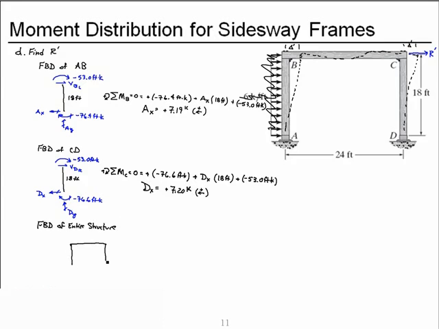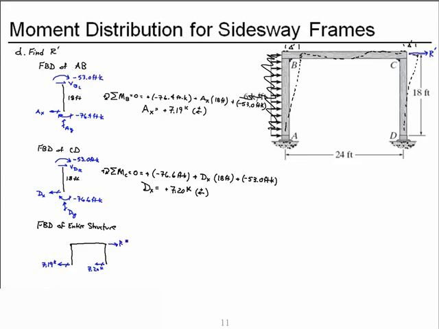I'm only looking for horizontal equilibrium, so I'm not going to bother drawing the moments. Ax, we found to be 7.19 kips. Dx, we found to be 7.20 kips.